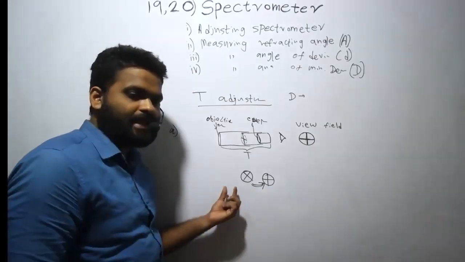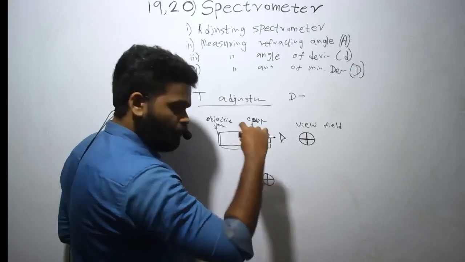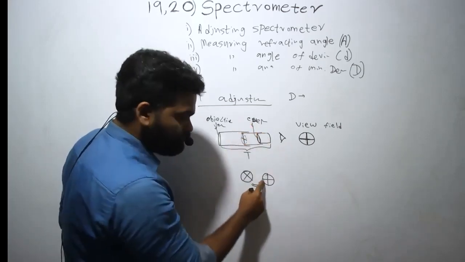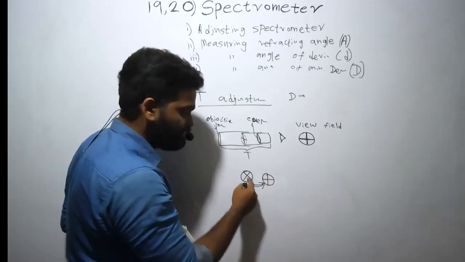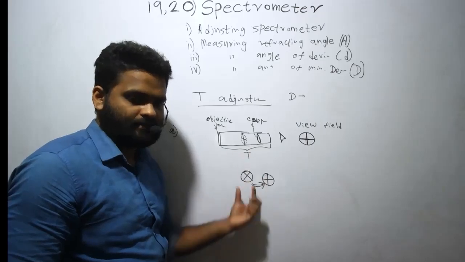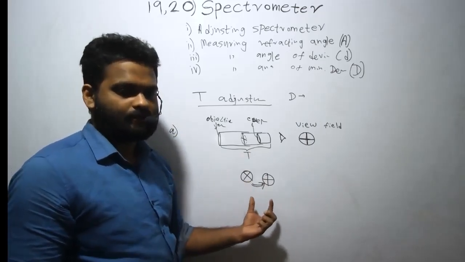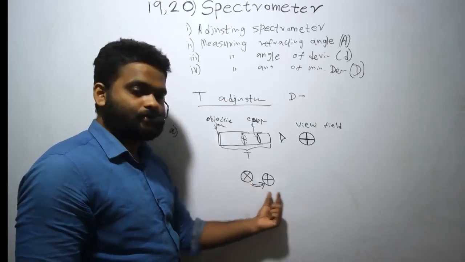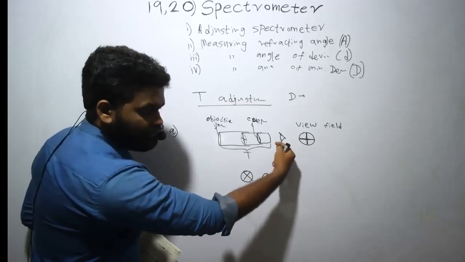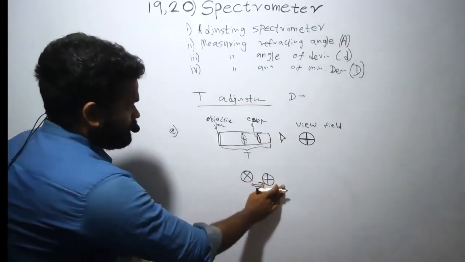There are grips around it. Holding that grip, you can rotate it, looking through here until the cross wires become vertical and horizontal. You can draw this below that. A complete note is given in the PDF, so you can just draw this one.